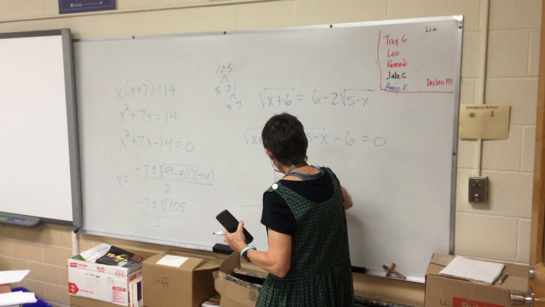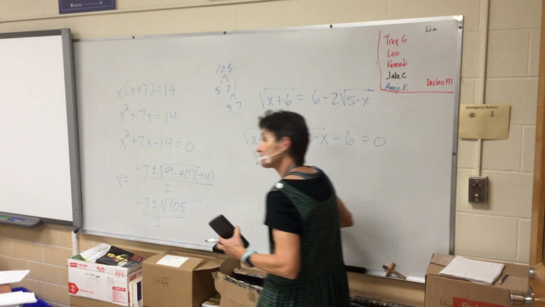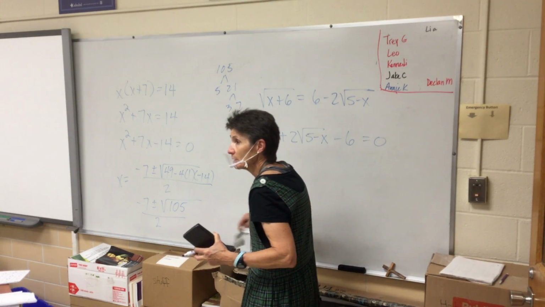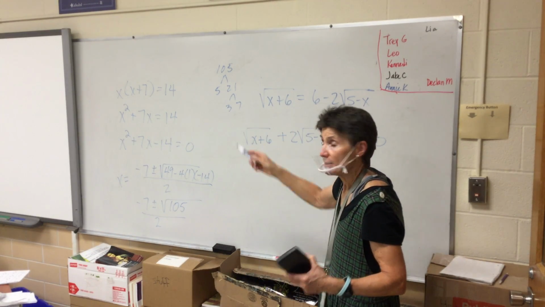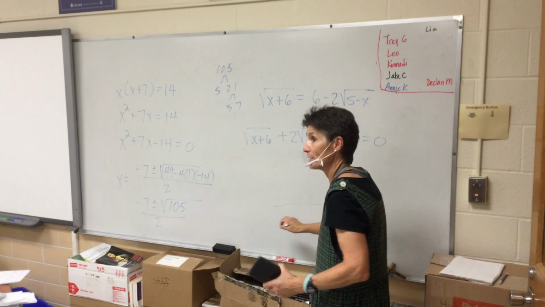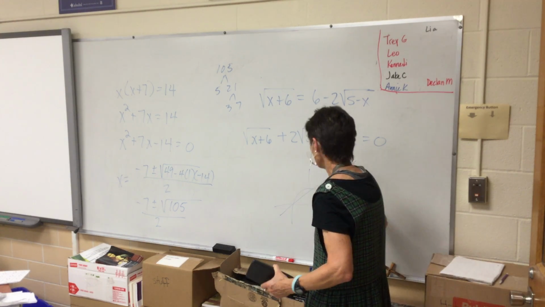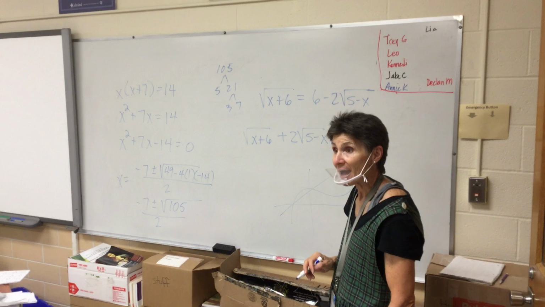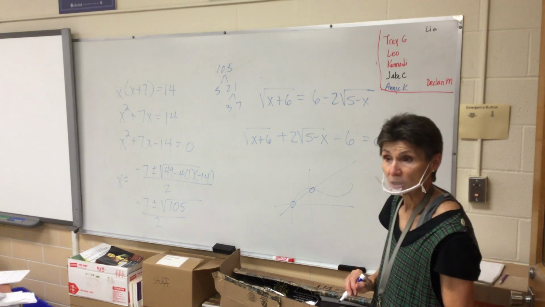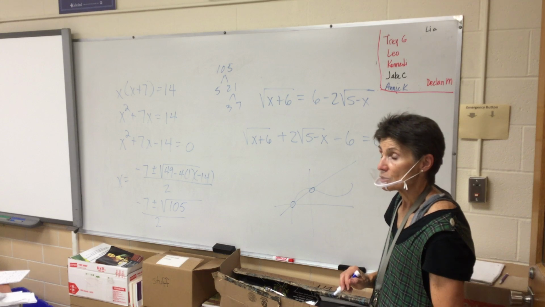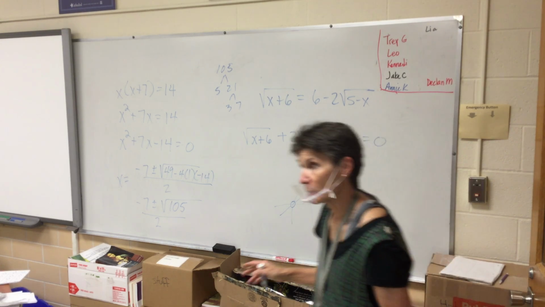Did anybody have a different thought? Could we leave it like it is and graph it as two separate equations? And if we did that, we would be looking for where they cross each other, right? So it's about the same amount of work either way.